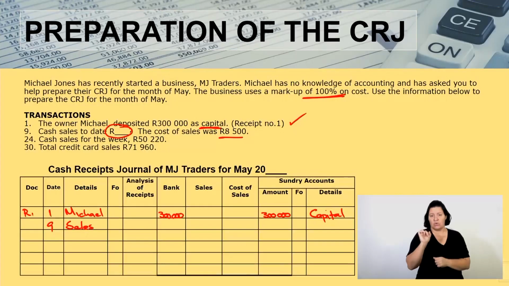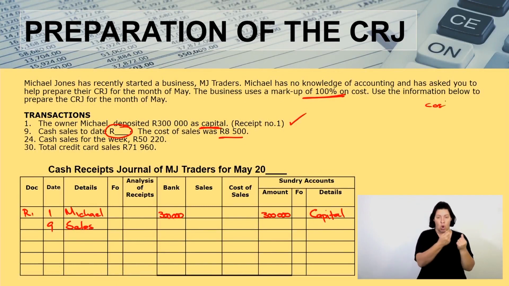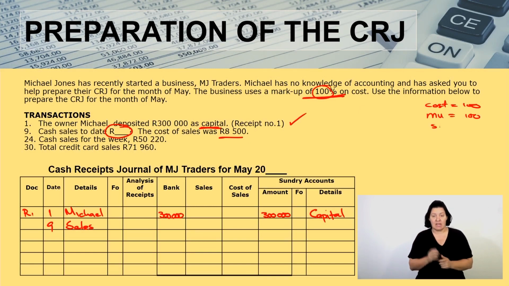What can I do? Remember the UK method. So that means you need to calculate your sales. What is it that you want? You want selling price. Remember, cost is always 100. Markup in this case is 100%. So 100. Selling price, therefore, will become 200.